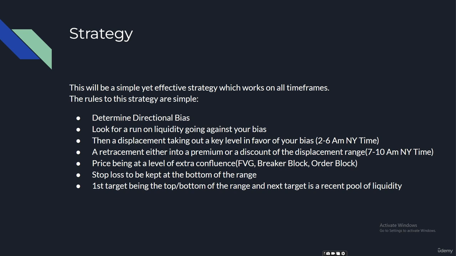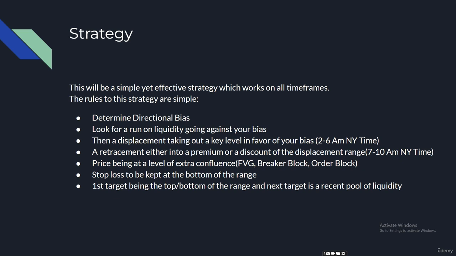Then after that displacement, you'd expect a retracement, so price trades back down into a discount of the displacement range. And you can expect this to happen between 7 to 10 a.m. New York time. Then once price is at a level of extra confluence, such as the fair value gap, breaker block, or an order block, that's where you would open the position.